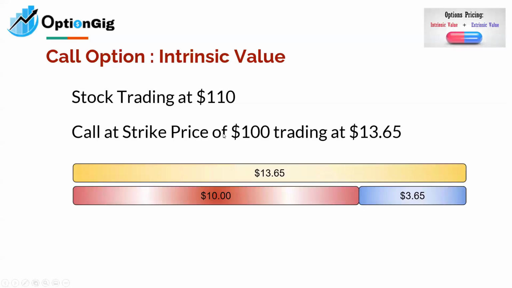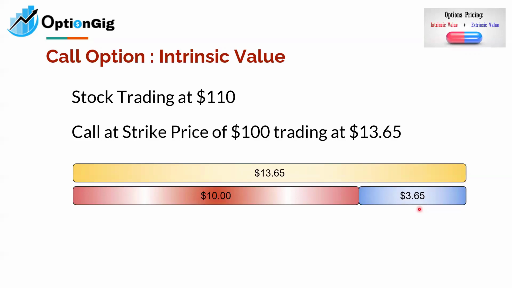In this case, the intrinsic value will be the difference between your stock price and the call strike price. So your stock is at 110 and the call strike price is 100. The difference between these two is your intrinsic value. Everything else is extrinsic.